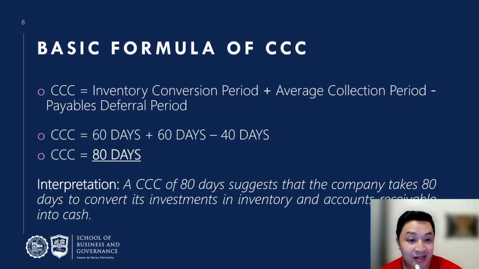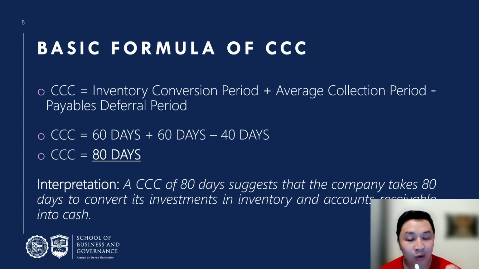Since we have identified the givens from the previous slide, the cash conversion cycle equals 60 days for the IC period plus 60 days for the average collection period minus 40 days for the payables deferral period. So you will get 80 days as your cash conversion cycle.